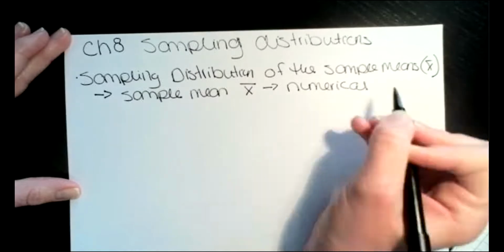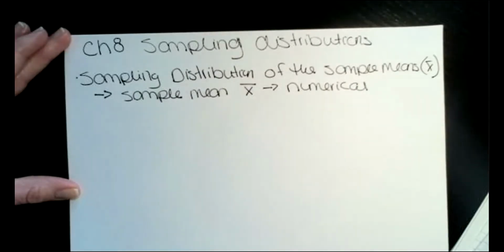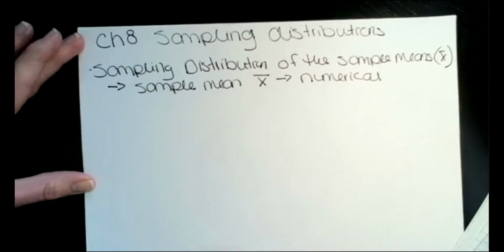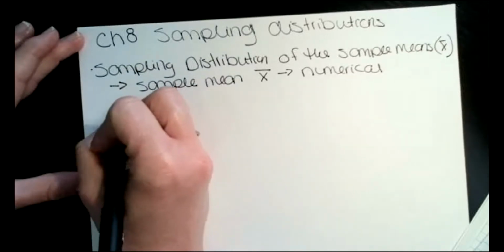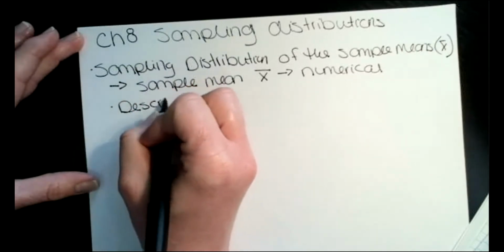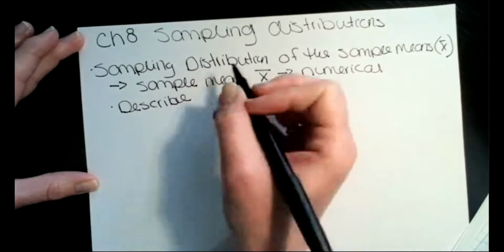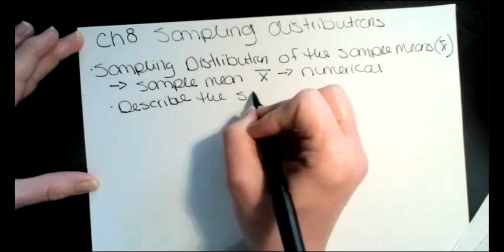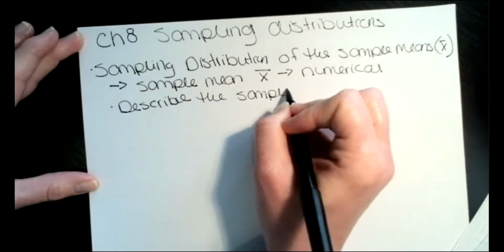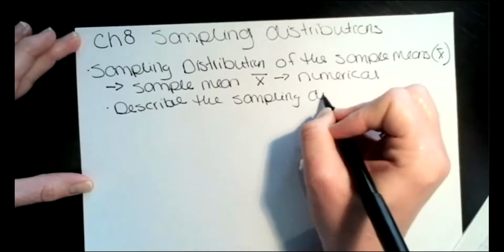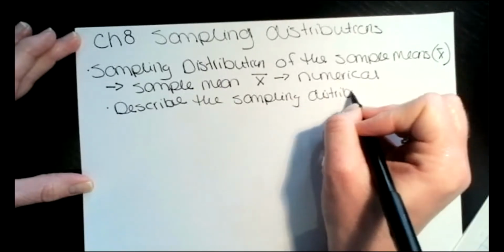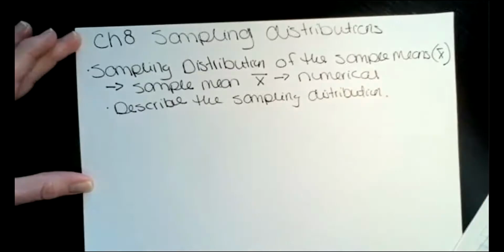So X bar is for my numerical data. So what we want to do is describe the sampling distribution of X bar here, of my sample means.